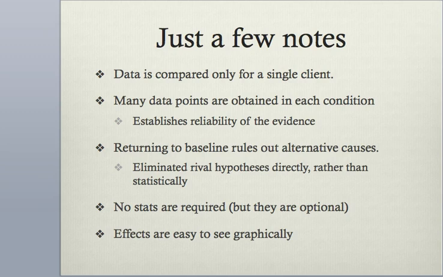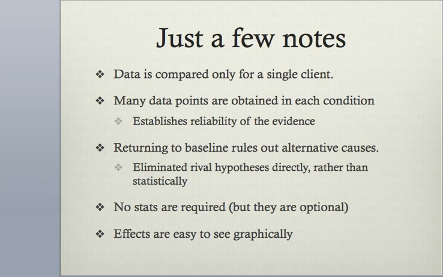Three, returning to baseline helps to rule out alternative causes. There's always a risk when you just have one baseline and then behavior changes during treatment that it could be a rival hypothesis, that there could be extenuating circumstances or a confounding variable that could be responsible for the change that you see.